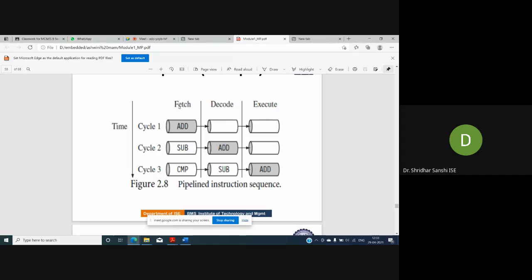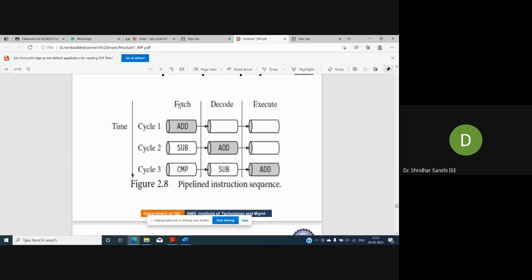In the second cycle, whenever I'm executing a particular instruction, the flow is: I need to fetch the instruction, decode the instruction, and execute the instruction. This is how a processor executes any instruction. First it will fetch the instruction from memory or register.